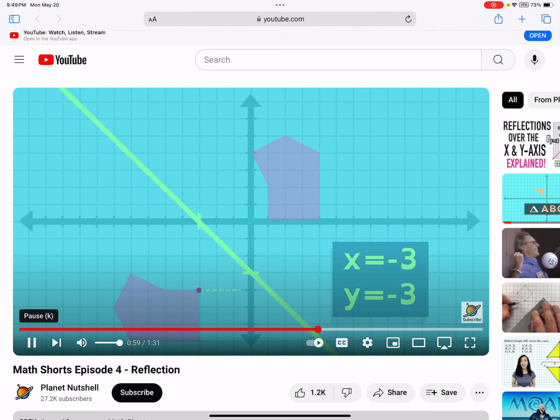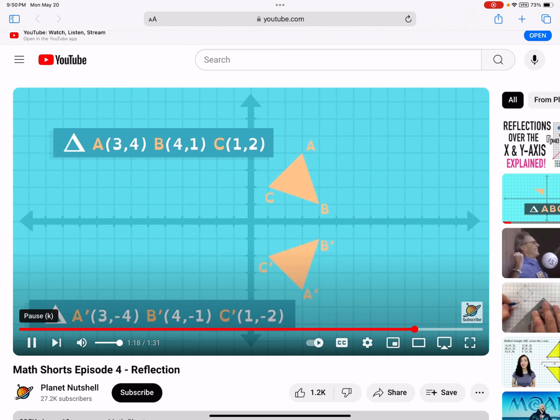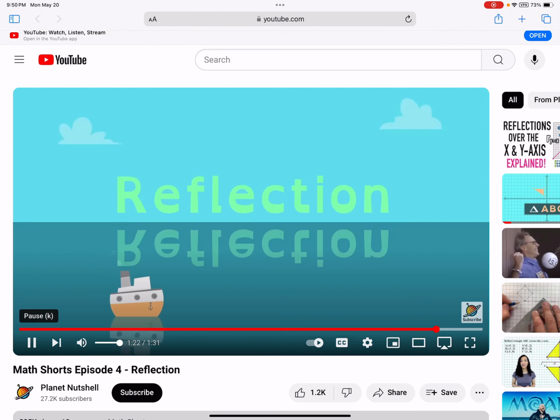The way to make sure a shape is correctly reflected is to check that each point of one shape is the same distance from the line of reflection as the corresponding point in the other shape, and that it has corresponding sides and corresponding angles. Just like other transformations, you can record the coordinates of the shape and its image to demonstrate the reflection too. Reflection makes a mirror image. It's one type of movement for geometric shapes.